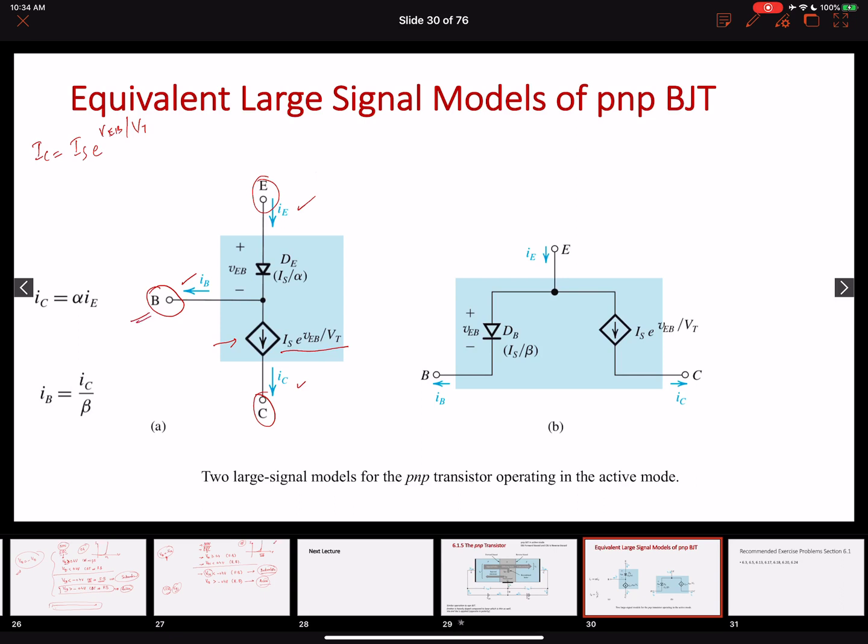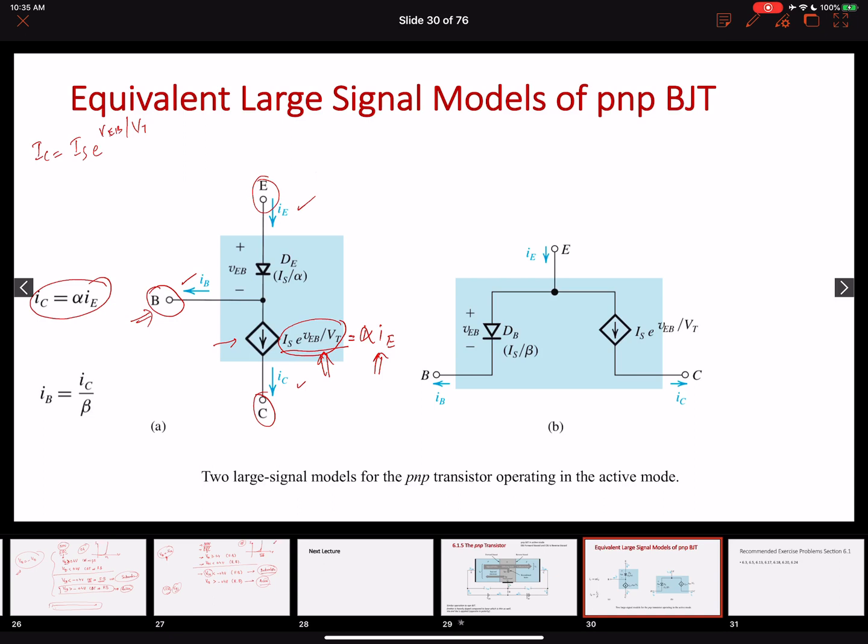For a common base model, I can also write IC equals alpha times IE. If I consider the first equation, I can see that this is a voltage-controlled current source. If I consider this equation, I can see that it is a current-controlled current source.